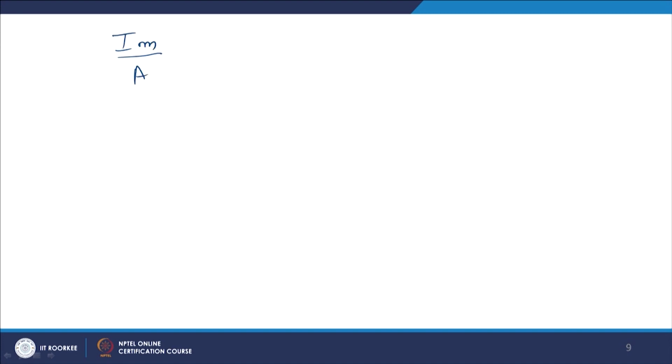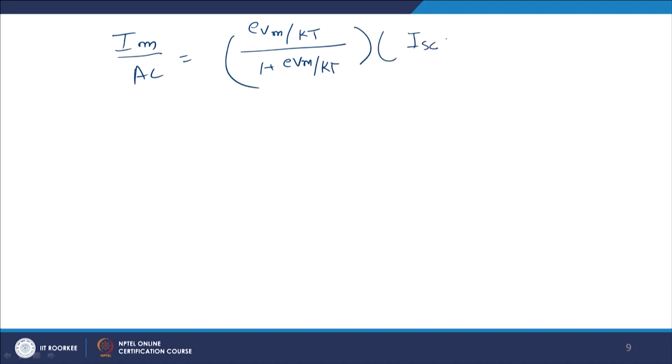So, Im by AC is equal to EVm by kT divided by 1 plus EVm by kT, times ISC plus I0.